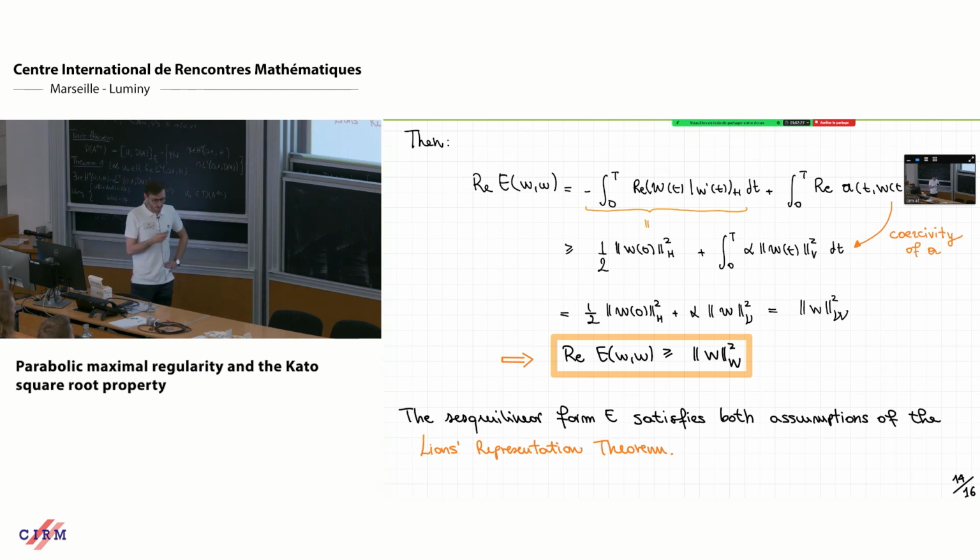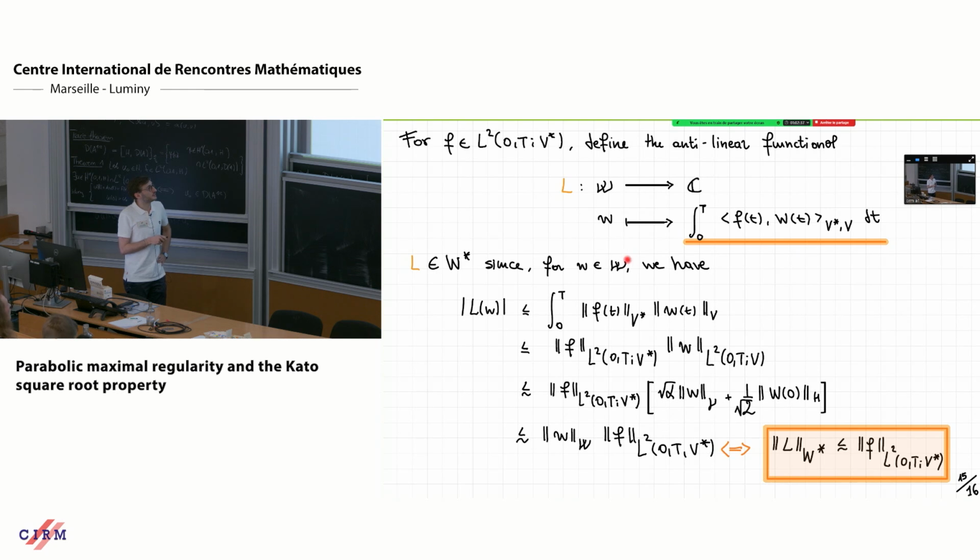Now we have to fix an antilinear functional in W star, which will be the right-hand side of our weak formulation, the part which involves the datum F. So for every W we associate the integral between 0 and T of this duality product, where F is a function in L2 with values in V star, so everything makes sense.